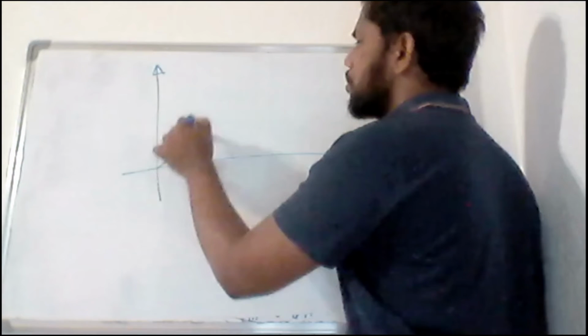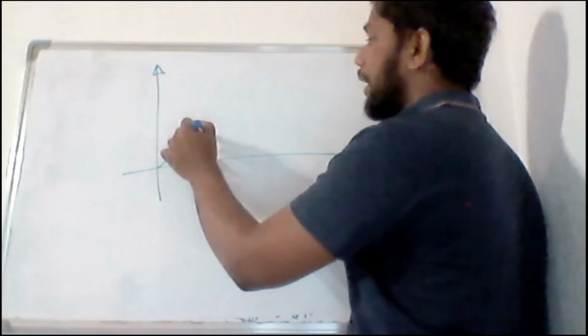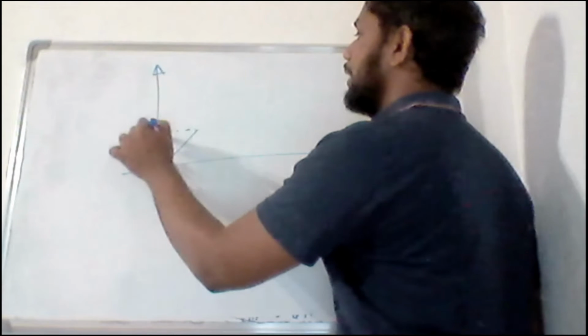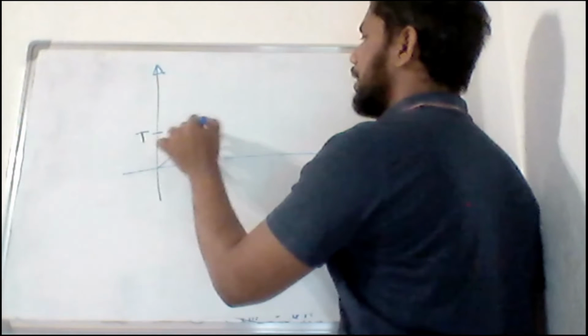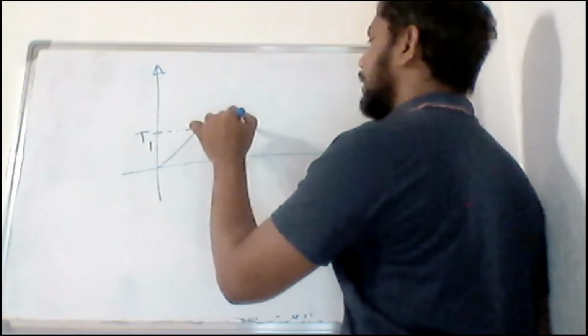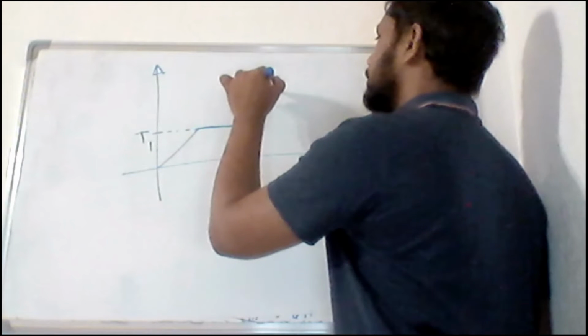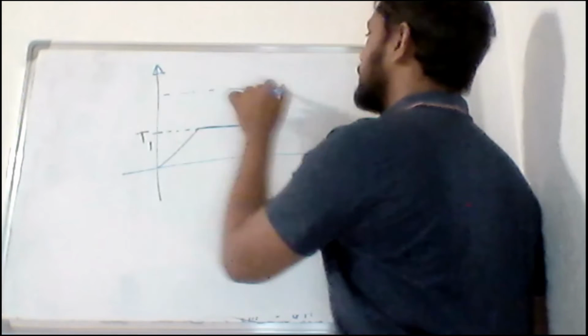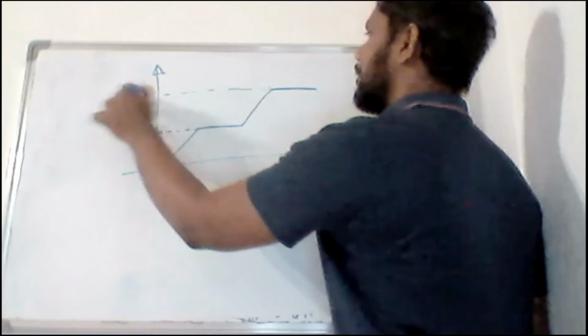You heat it, so the temperature will increase until the point where melting happens. The temperature will remain constant. This is T1, and then you heat again, and at the second phase transition, your temperature will be T2.